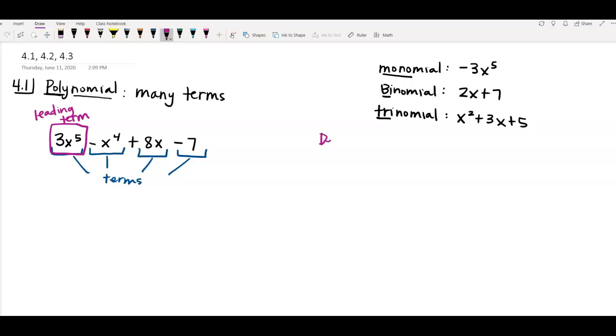So let me write that over here. Descending order.